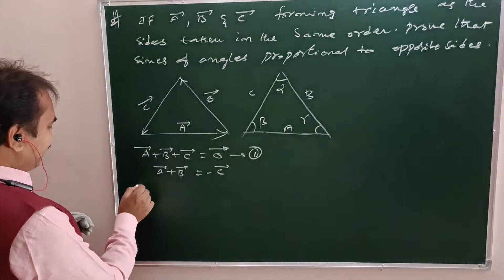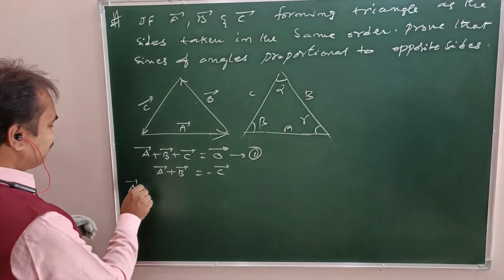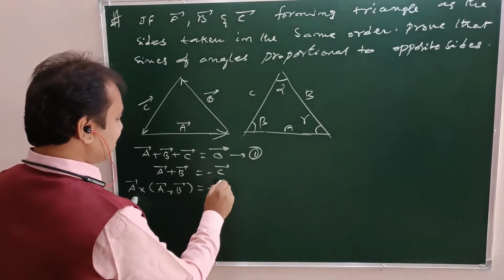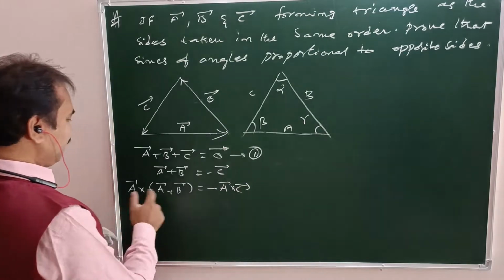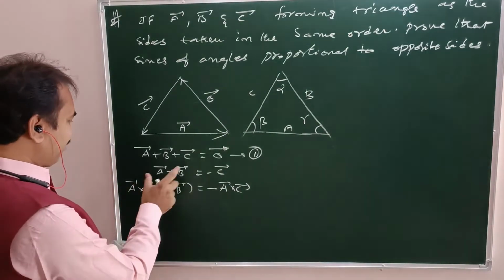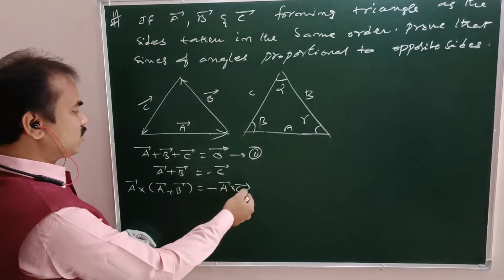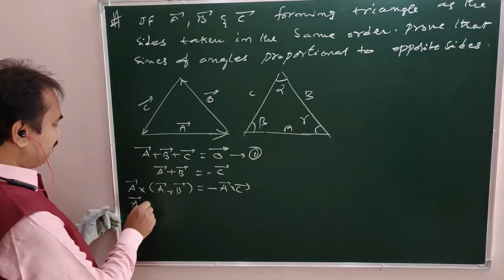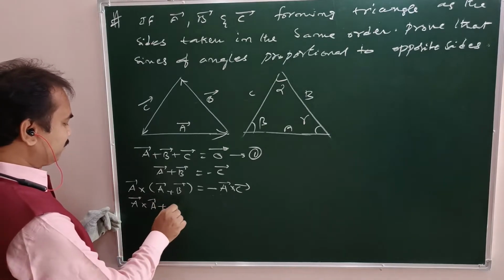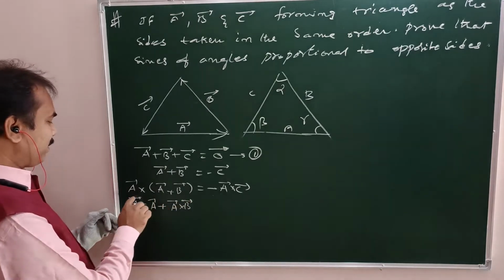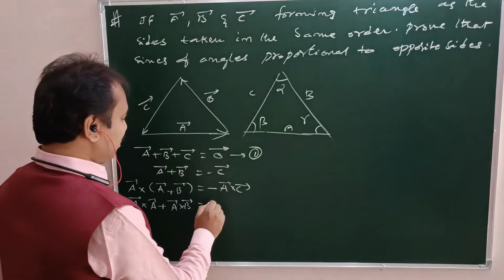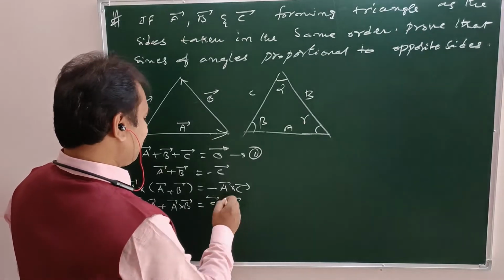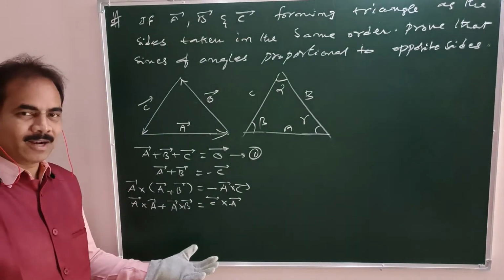Am I right? If I take A cross on both sides, A cross (A plus B) equals minus A cross C. That is A cross A plus A cross B, distributive, equals minus A cross C, which can be written as C cross A, because cross product is anti-commutative.